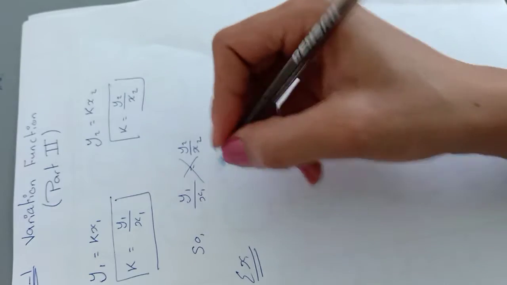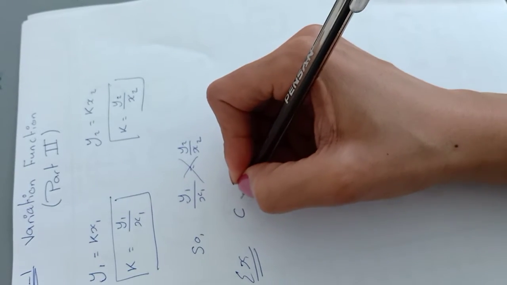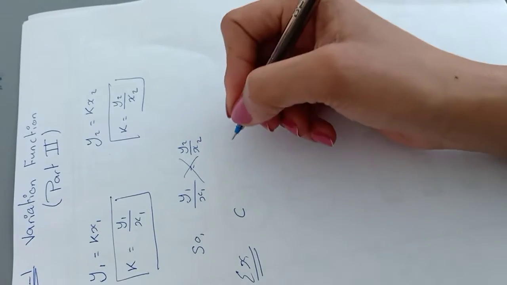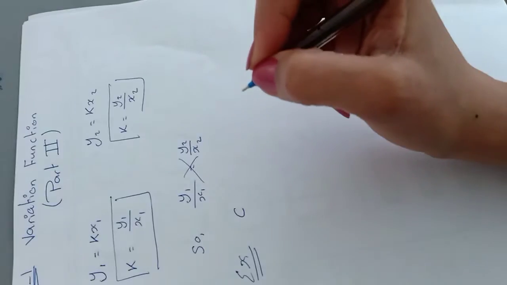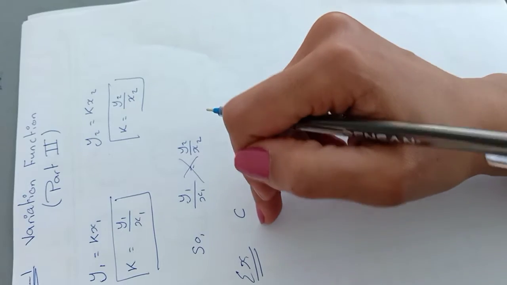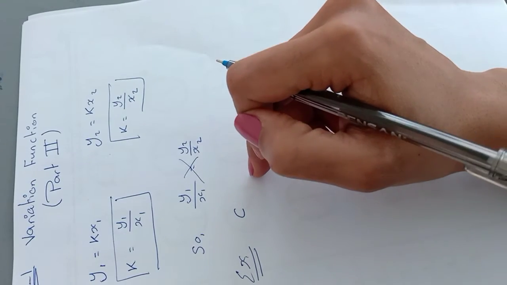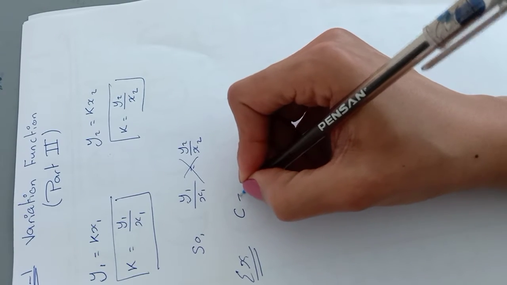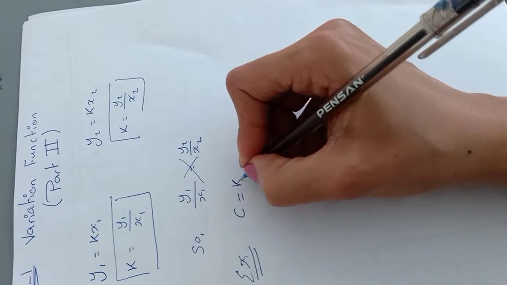Here, given that the circumference of a circle varies directly as the radius. The circumference of the circle varies directly as the radius, so we can translate this as C equals KR.